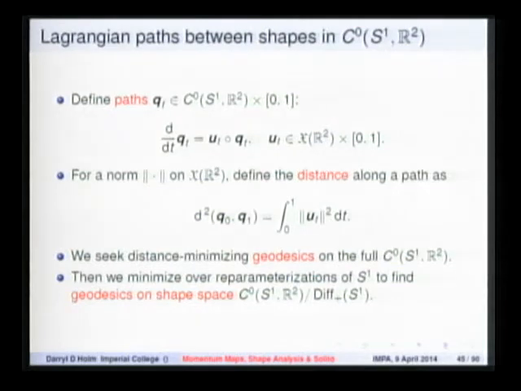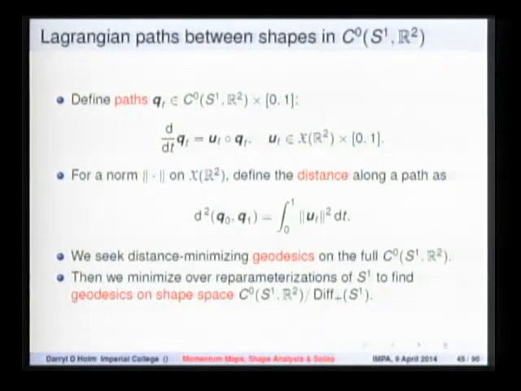There's some element Q that's going to define the boundary, and it's going to be associated with the velocity U, and Q composed with U gives the time rate of change of the curve. U is called Eulerian velocity in fluids, and dq/dt is called the Lagrangian velocity.